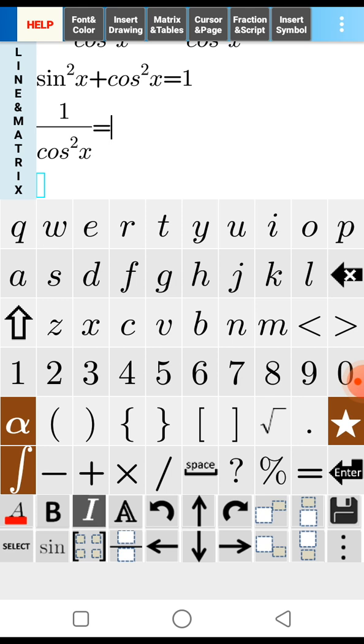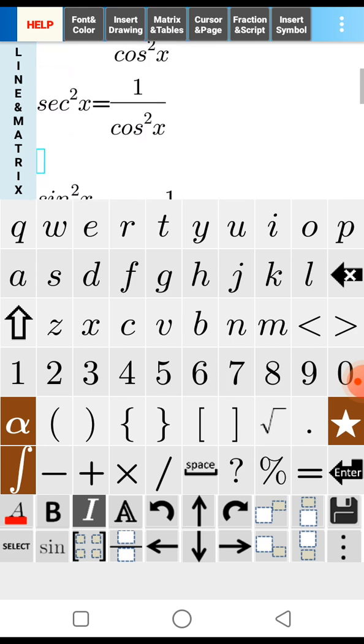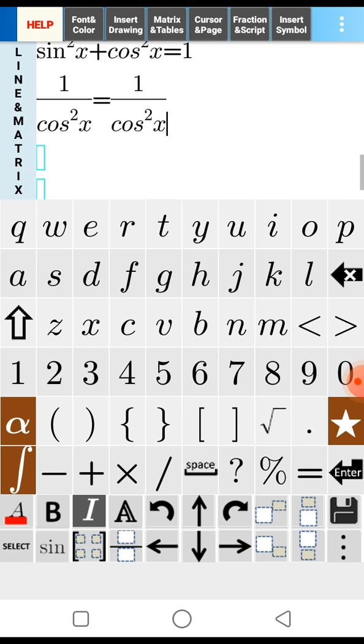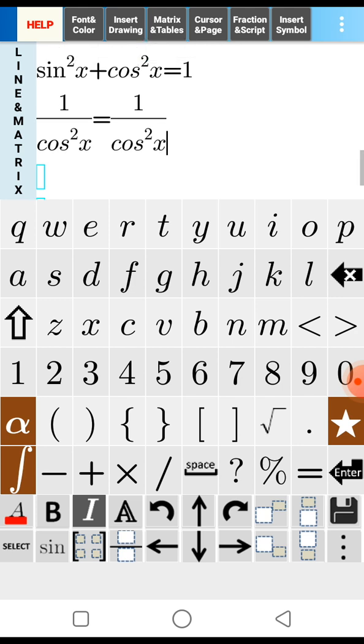Which is equal to 1 over cosine square x again. As you can see, now we have 1 over cosine square x on the right hand side and 1 over cosine square x on the left hand side.